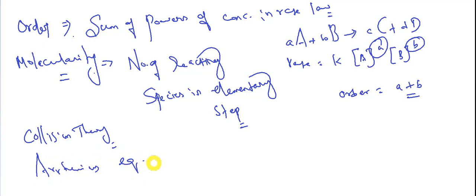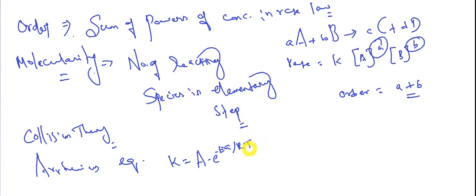Arrhenius equation, as you know: k is equal to A into e to the power of minus Ea by RT.